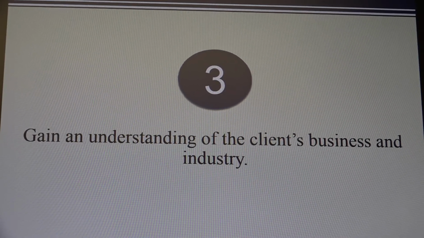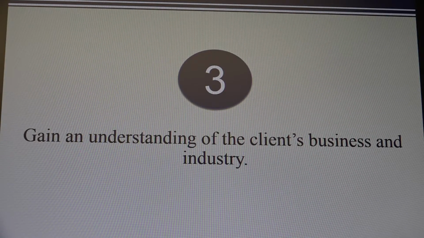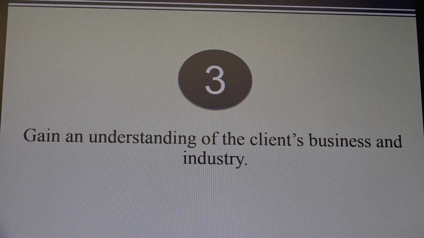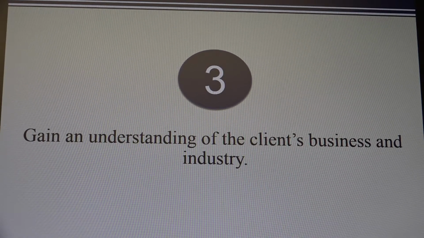Well, even though it's a new client, they are in the energy business, and if the auditor has experience in the energy business, it's not going to take them long to figure out the client's business and industry.